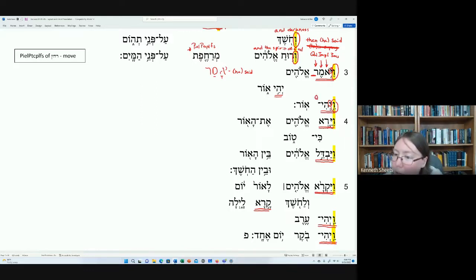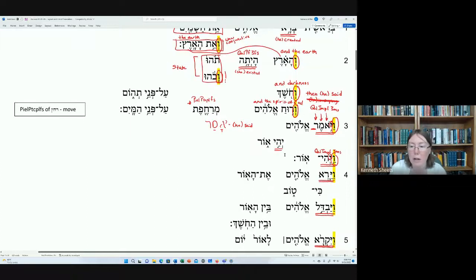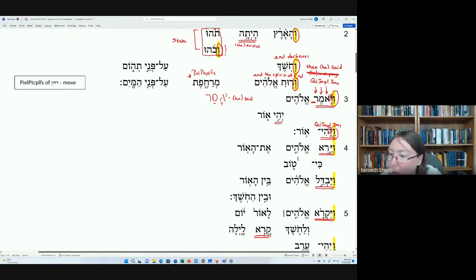So this here, qal imperfect, third masculine singular, from, notice the root here, hey yod hey, and the final hey has dropped off. This is from the verb hayah, which we saw up above as well. So this would be "then," and the vav consecutive flips the aspect, making the imperfect verb perfect. So "then he existed."